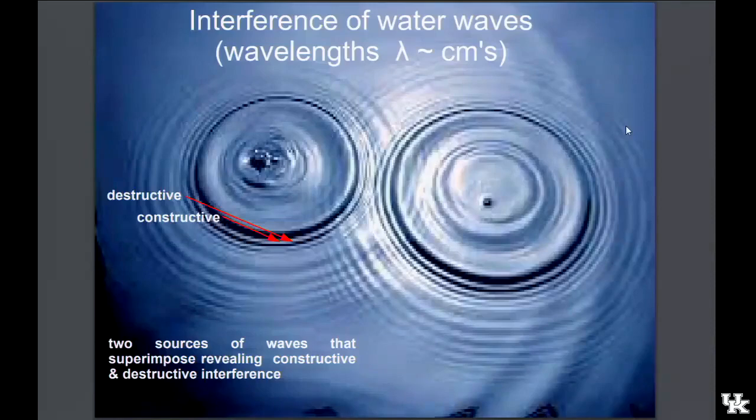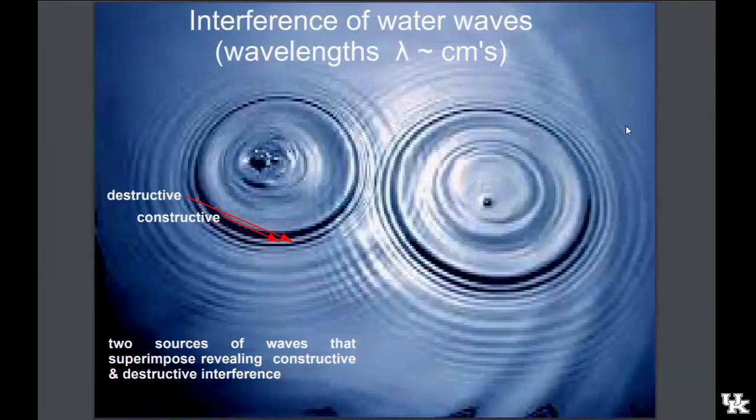So if you look at this picture here, there's a source of water waves over here on the left, at this location. And somehow, I don't know how, we're making water waves at that location.